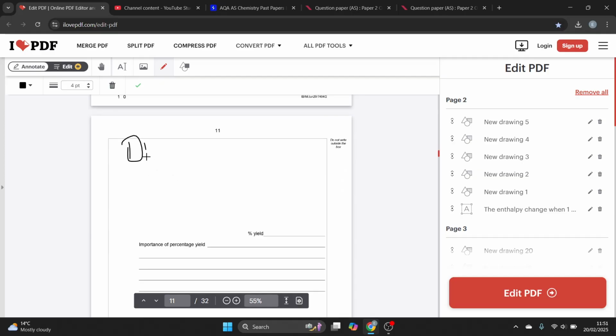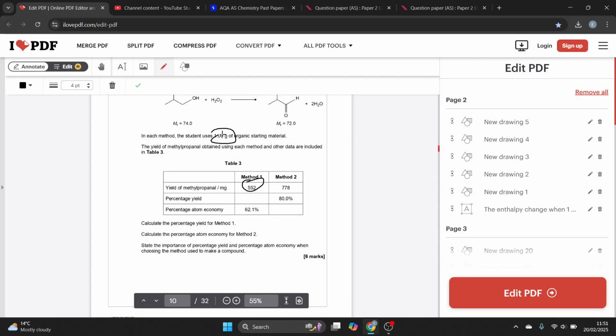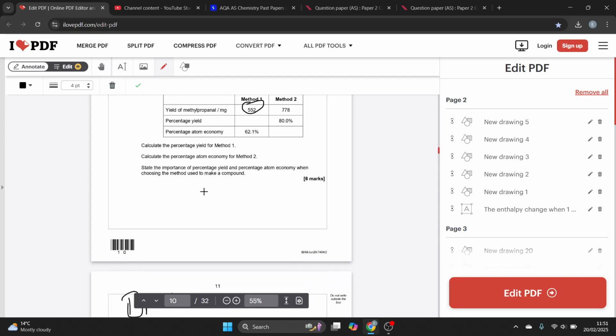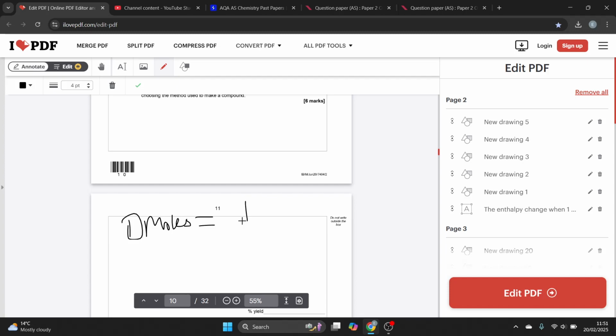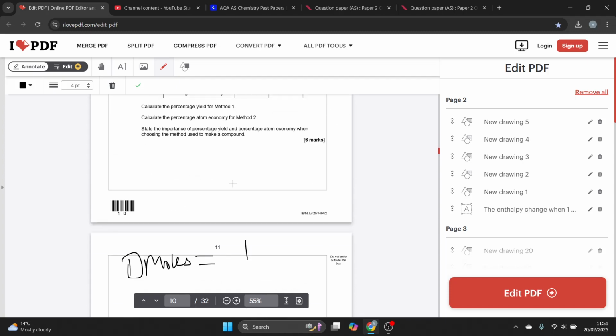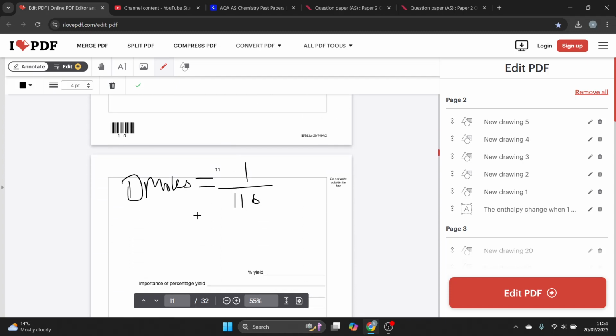So first things first, do moles. It tells me in the question I've got 1 gram of organic starting material, so 1 over 116, that's the moles of that.